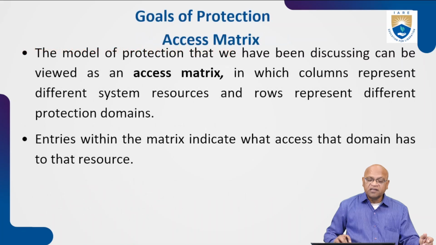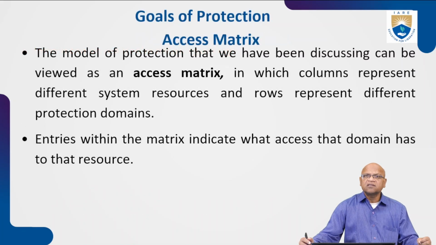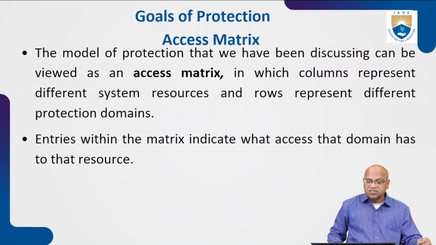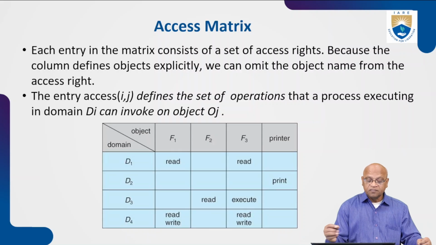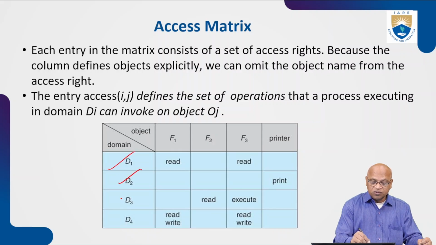The model of protection that has been discussed can be viewed as an access matrix, in which columns represent different system resources and rows represent different protection domains. Entries within the matrix indicate what access that domain has to the resource. We'll see this: domains 1, 2, 3, 4 and the objects working in that particular domain.